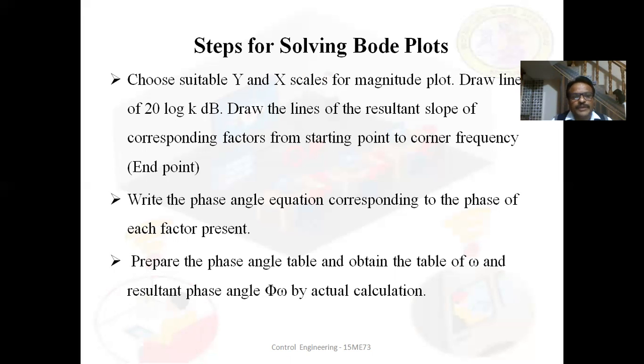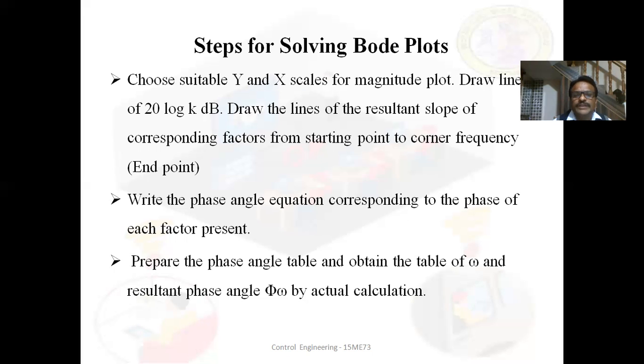Then another step: write the phase angle equation corresponding to the phase of each factor present. Here we have to find the phase angle for each factor. We can calculate the phase angle as tan inverse of the imaginary part by the real part.